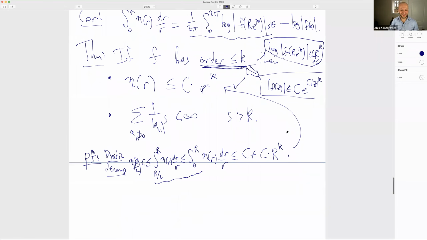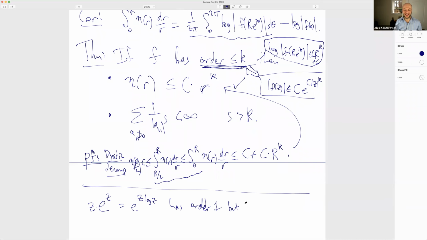Here's a little aside: e to the z log z, in other words z to the z, has order 1, but not order less than or equal to 1.